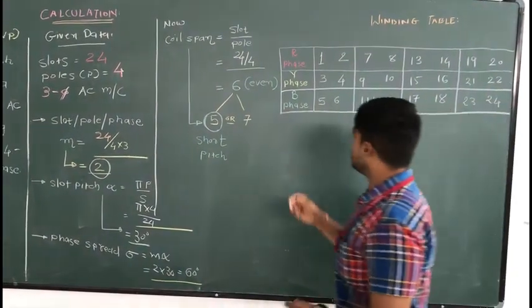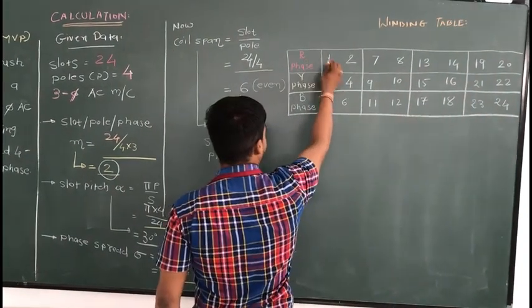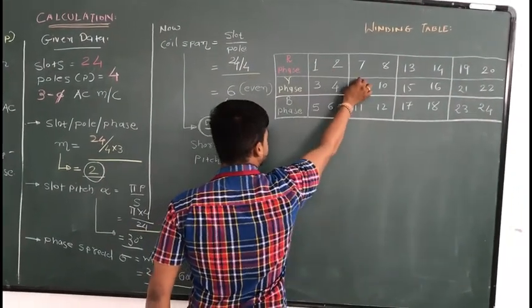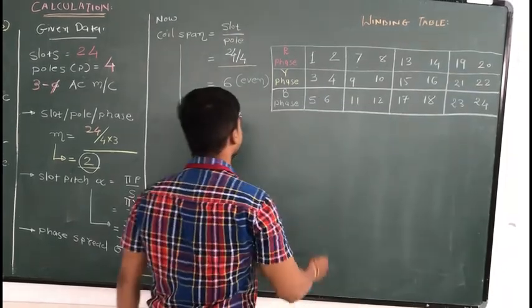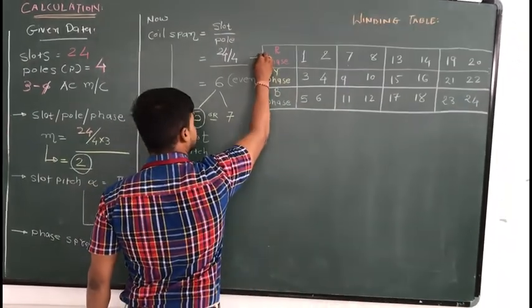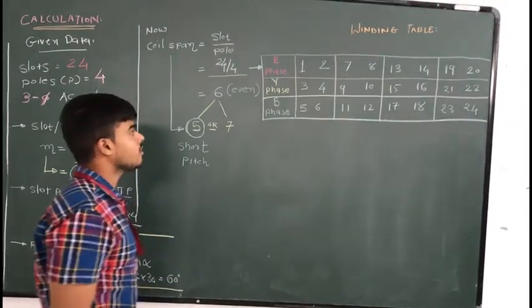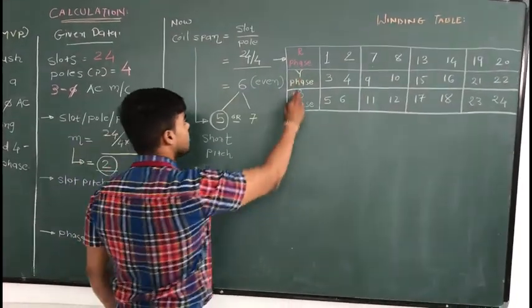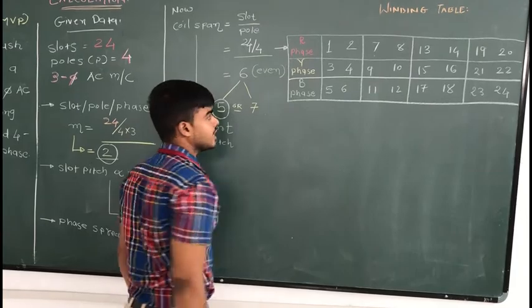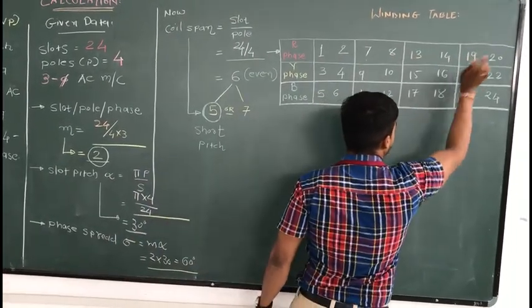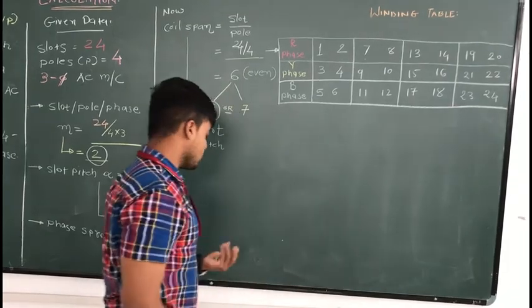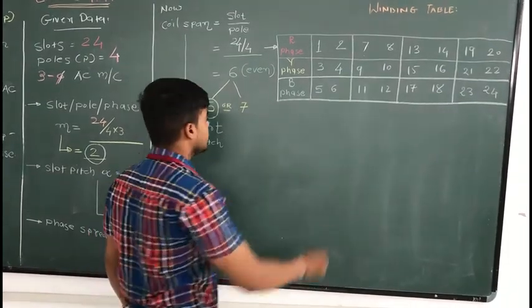Now R phase contains conductors 1, 2, 7, 8, 13, 14, 19, 20. We will use only these conductors in our winding diagram, because we want only R phase winding. Now it's time to provide current direction.